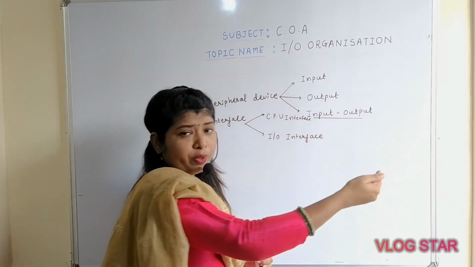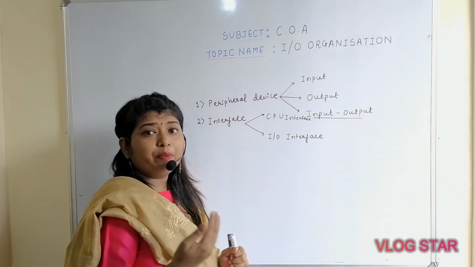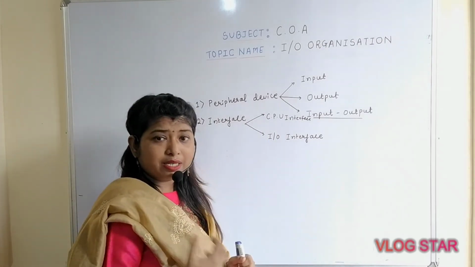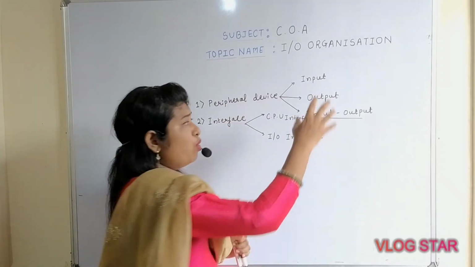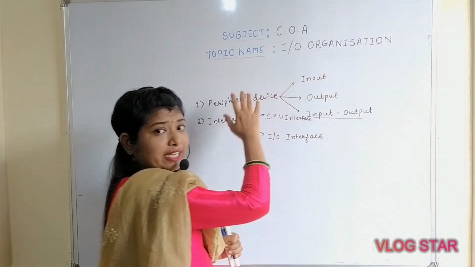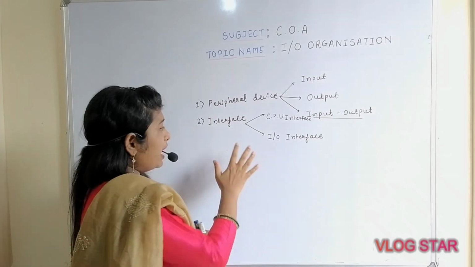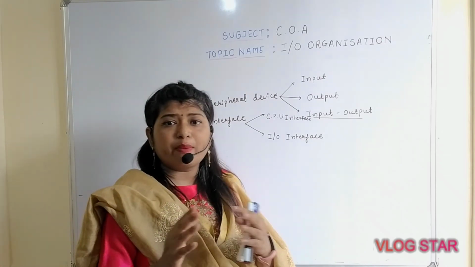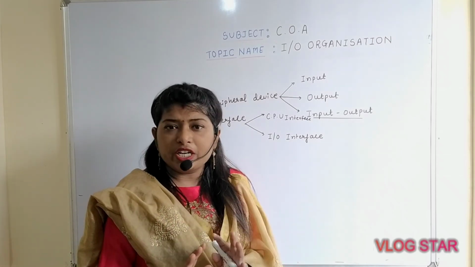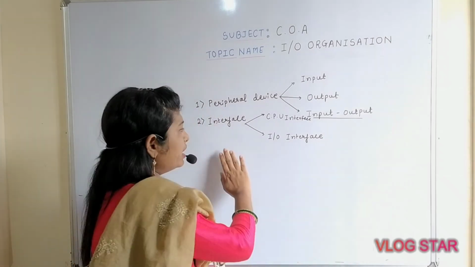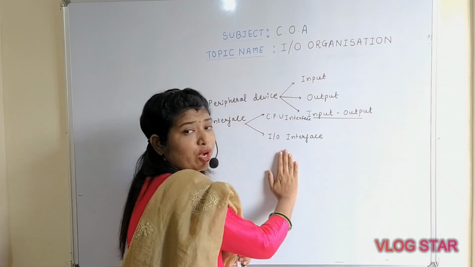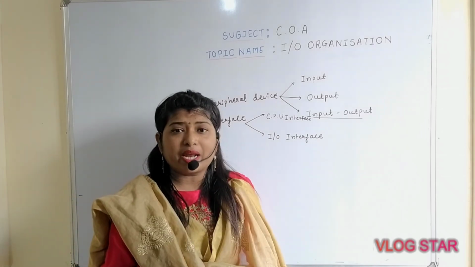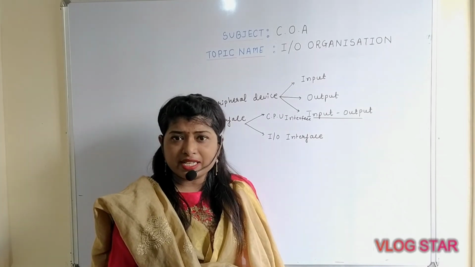Similarly, output peripheral allows the output information from the computer system to the outside world. Then we studied interface, which is the shared boundary between the two components of the computer system. Under that we studied input output interface.